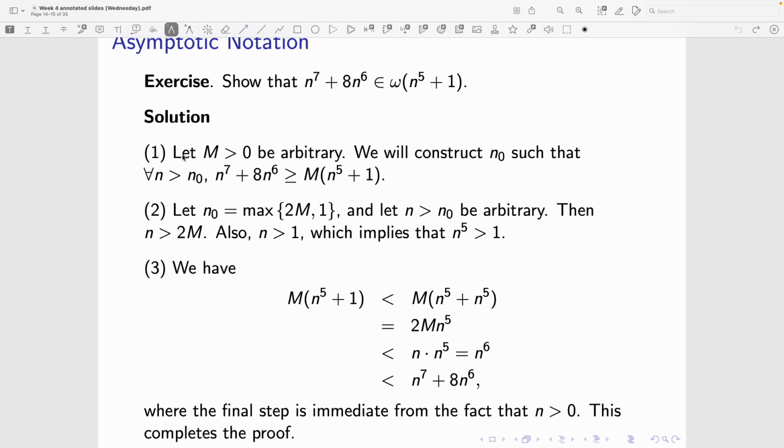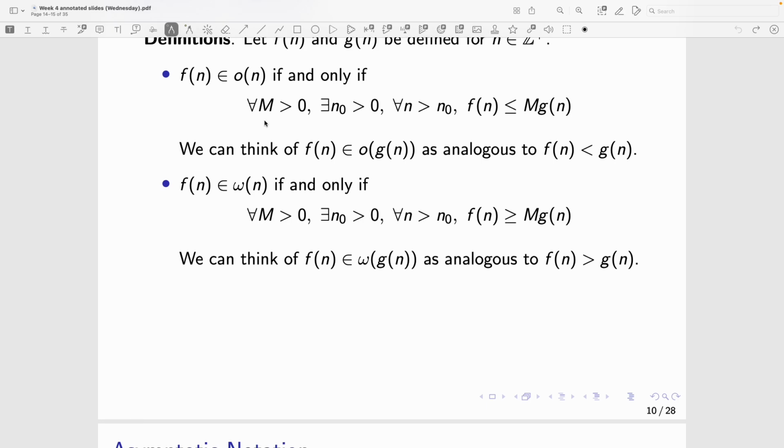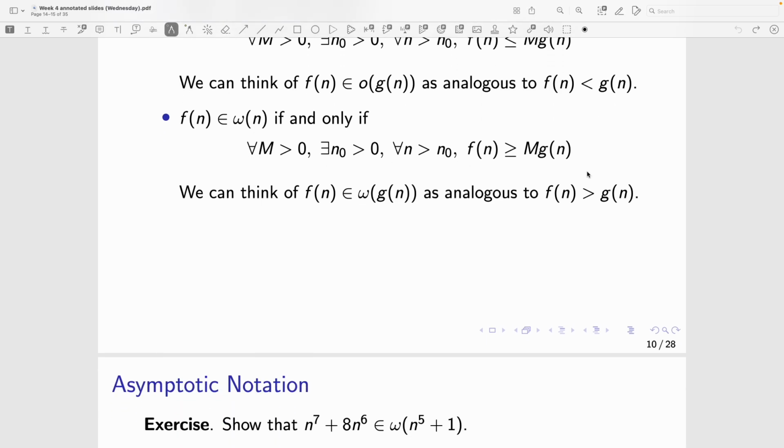First step is always to do rough work, figure out what values you're going to put into the proof. And for that, it's helpful to rewrite the definition. I won't bother to do this here, but rewrite this so you know it. And then rewrite the inequality that you're trying to find values to plug into.